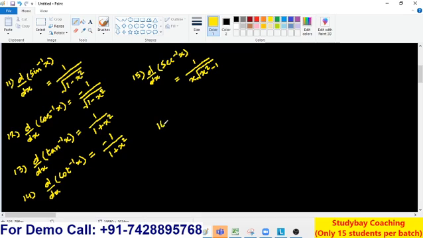Then d by dx of cosec inverse x is equal to minus 1 upon x into under root x square minus 1.